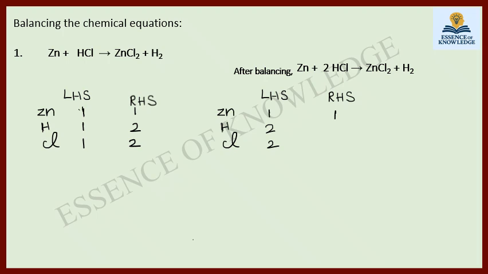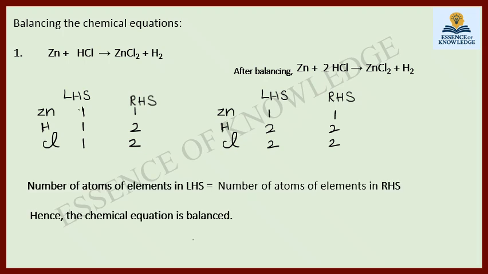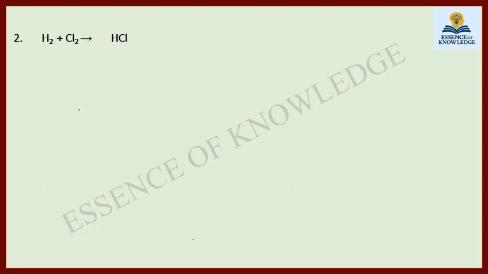And on the product side, zinc has one atom, hydrogen has two atoms and chlorine has two atoms. So the number of atoms of elements on the left hand side is equal to the number of atoms on the right hand side. Hence the equation is balanced.